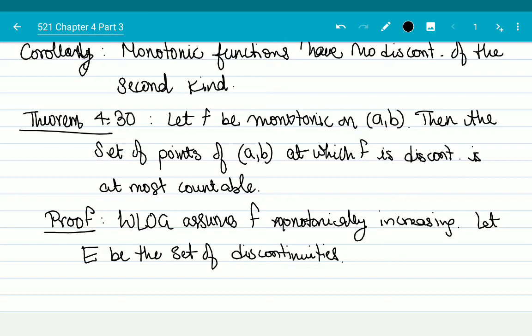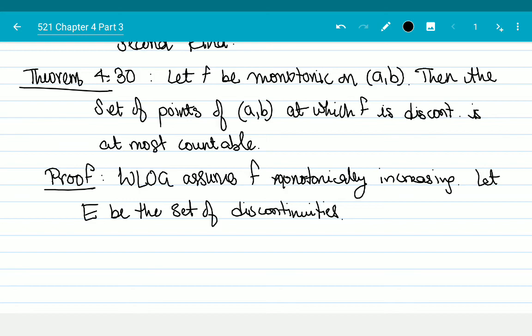Now, if it is discontinuous, we know that it is a discontinuity of the first kind. So both the limits f of x minus and f of x plus exist.